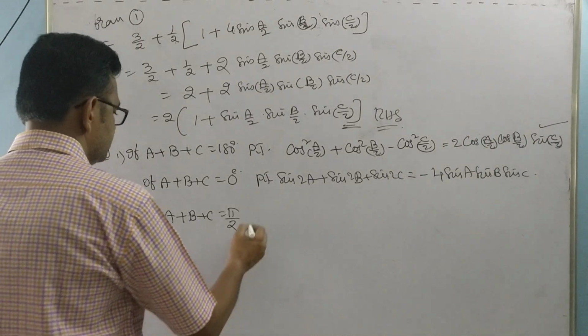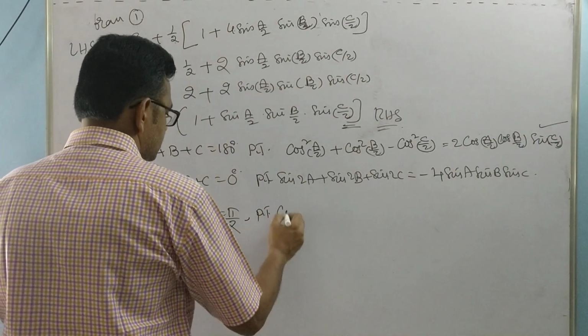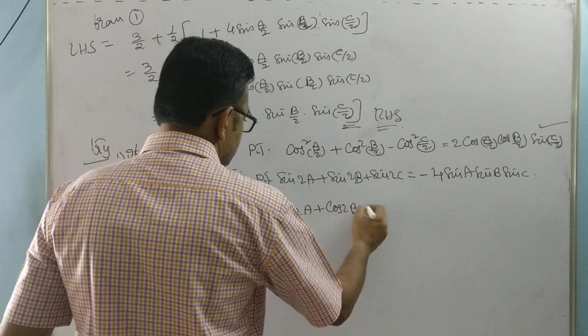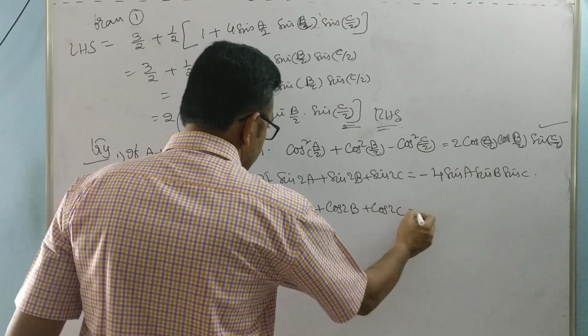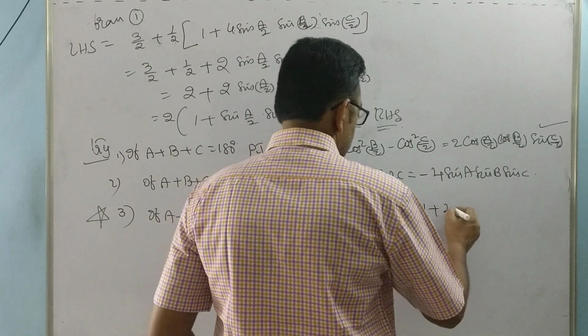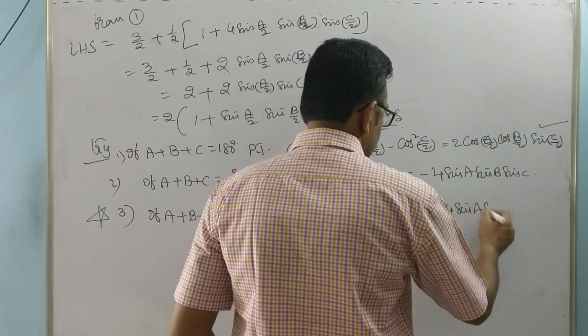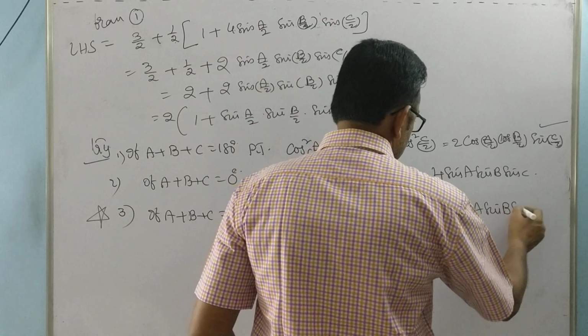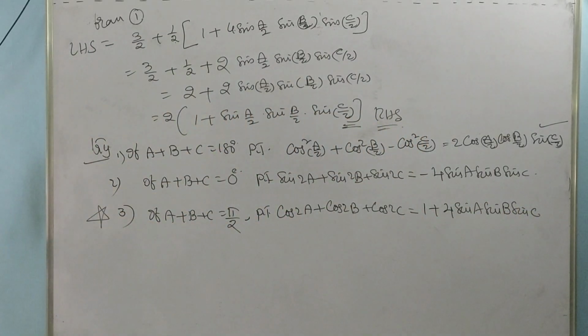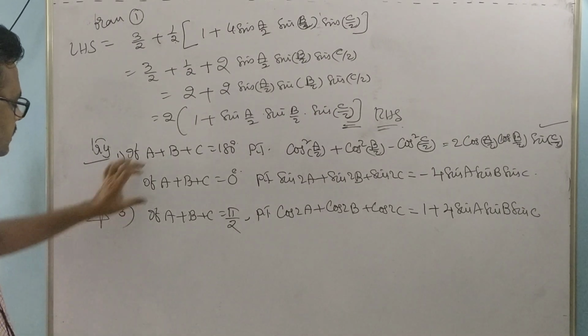Then prove that cos 2A plus cos 2B plus cos 2C is equal to 1 plus 4 sin A, sin B, sin C. So you try these two problems.